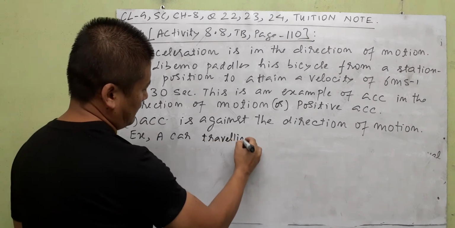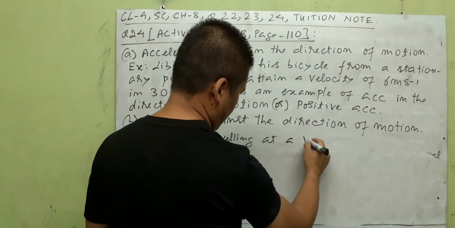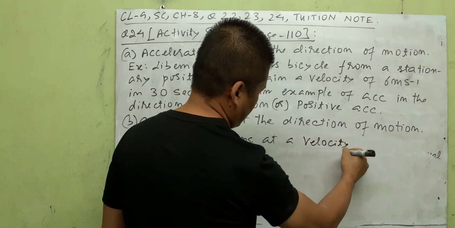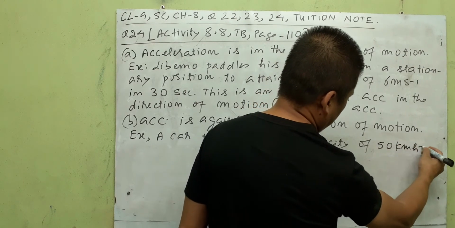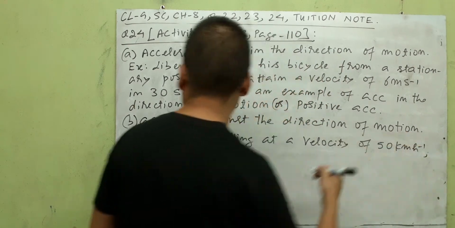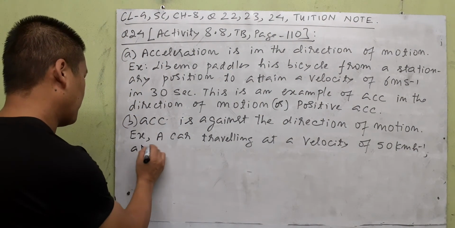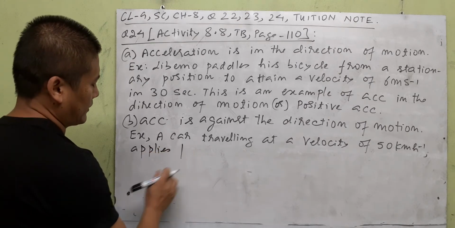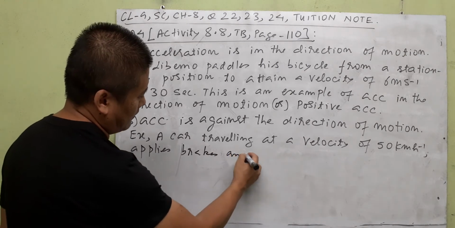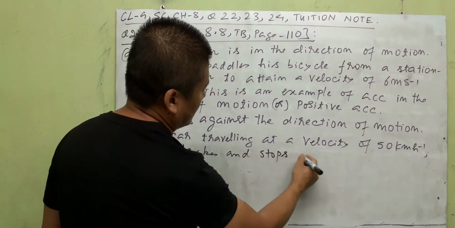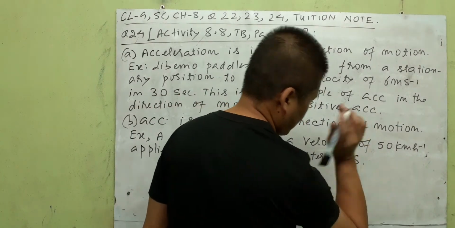traveling at a velocity of 50 km/h. Let us say a car traveling at a velocity of 50 km/h applies brakes and stops after 10 seconds.